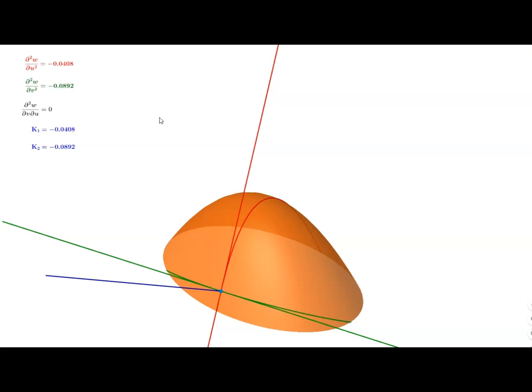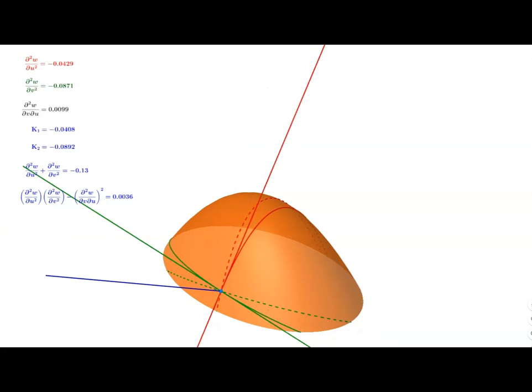Okay, well, Gauss noted a couple of other things too. There are a couple of other invariants that show up in the process, and I'll display those. What he discovered is that if we look at the sum of the two partial derivatives here, or the second derivative with respect to u added to the second derivative with respect to v, and we got a particular value, what he noticed is that that was an invariant value.